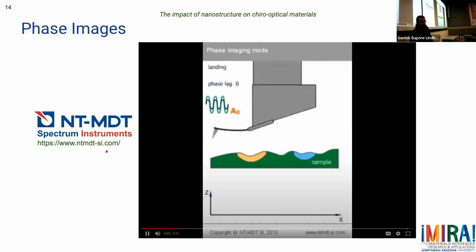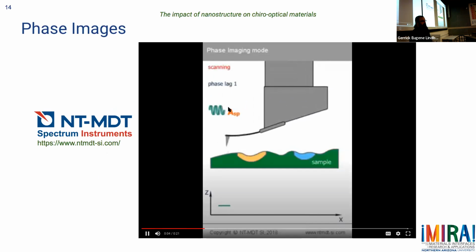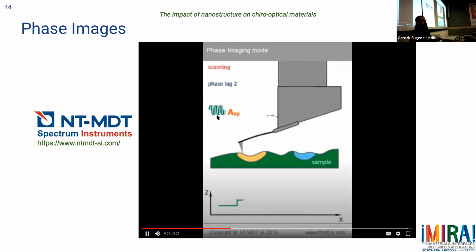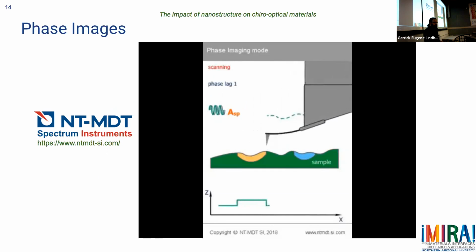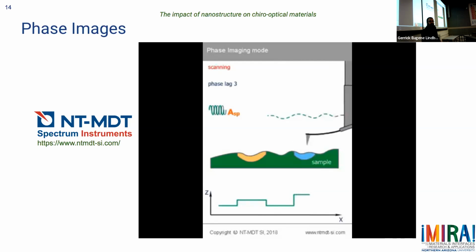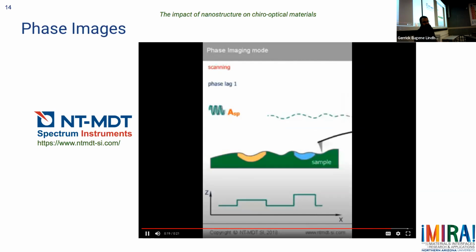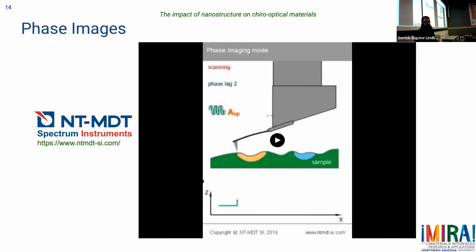Here's a quick example of what that looks like. What you see here are the two sinusoids of the input signal and the output signal, and they come into and out of phase. I'd like you to note that the amplitude remains essentially the same, but as you scan through different hardnesses, you begin to see phase differences, and that's what you see in the bottom plot right here. It says Z, but it's phase offset with respect to position.